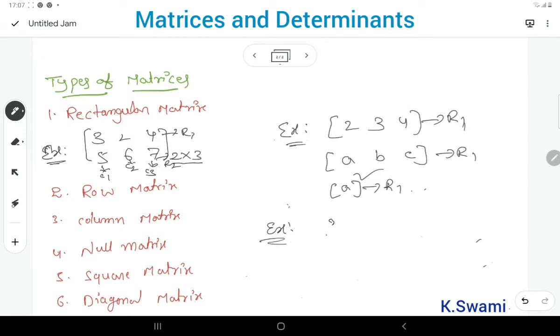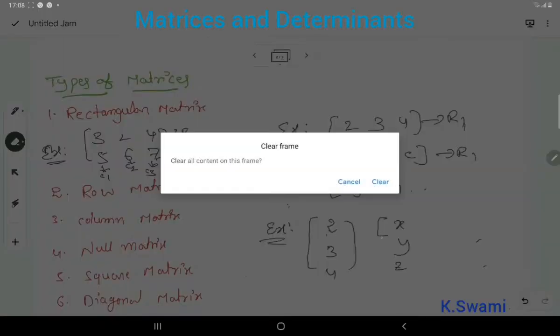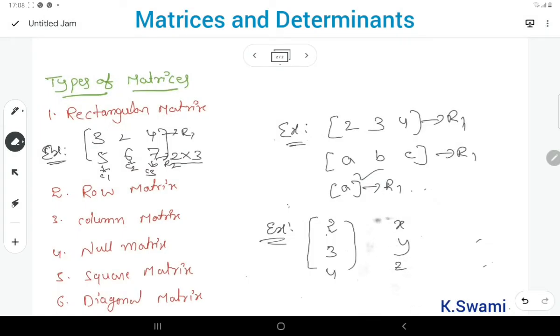For example, 2 3 4, same example, and X Y Z. Both 2 3 4 and X Y Z have only one column.